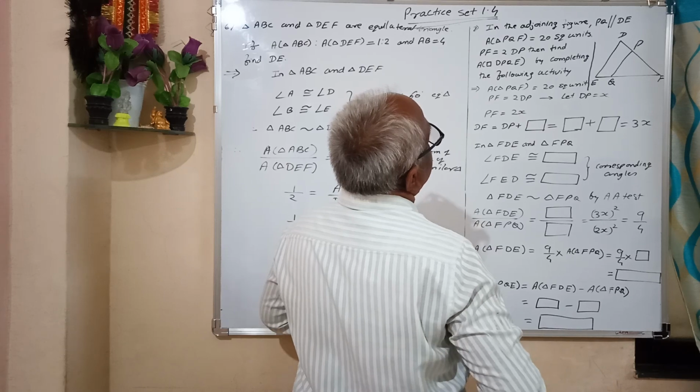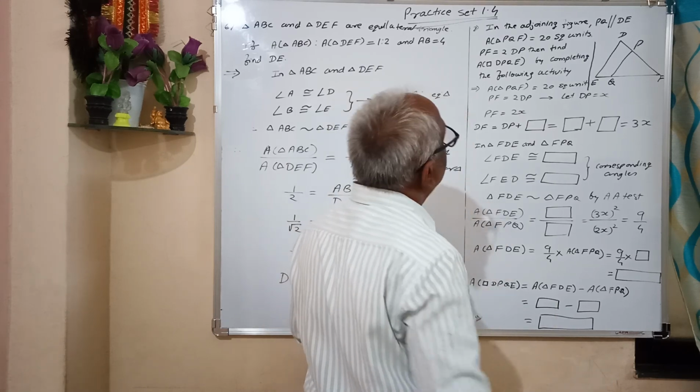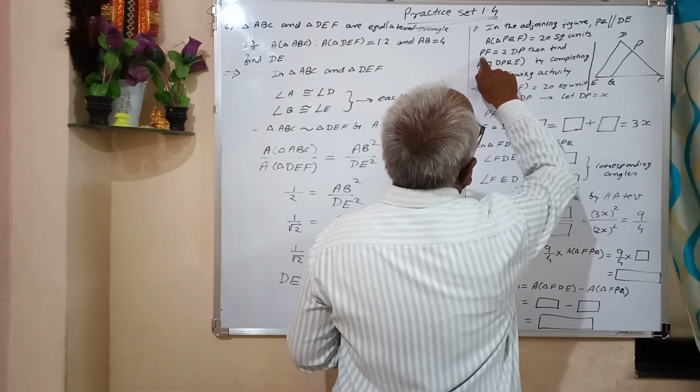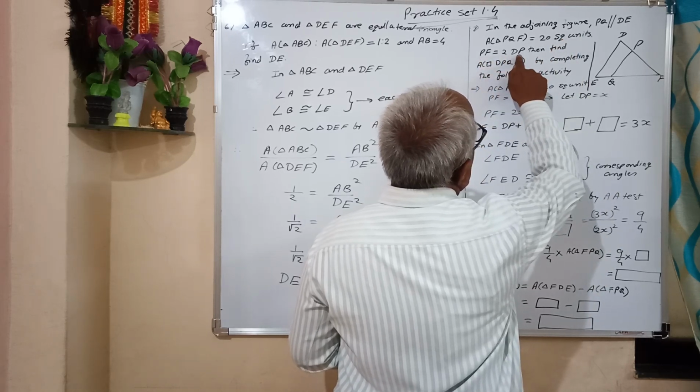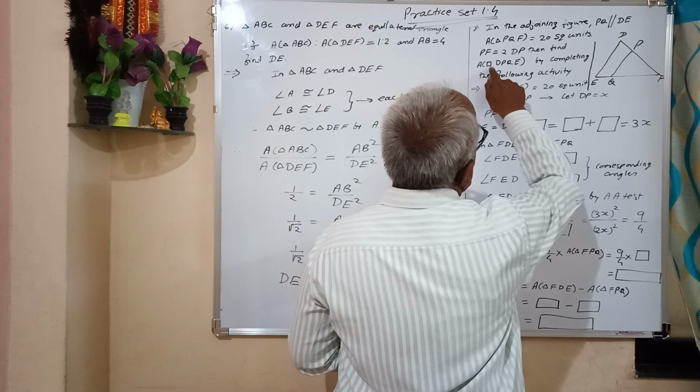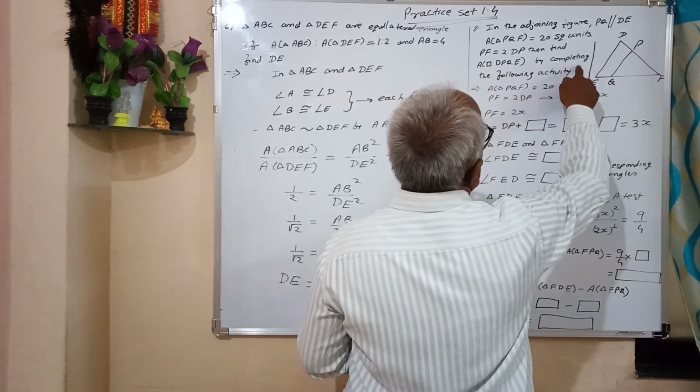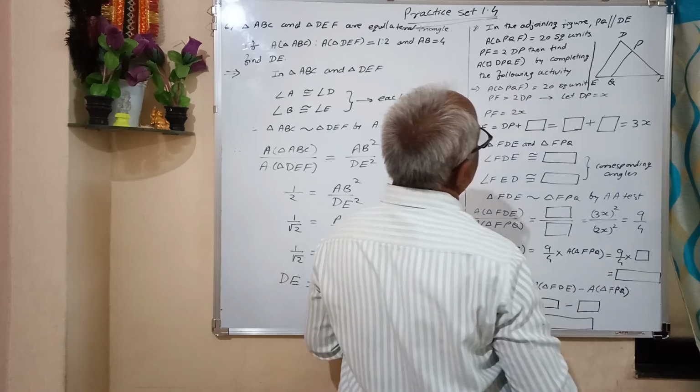And area of triangle PQF is 20 square unit. PF is equal to 2 DP. Then find the area of quadrilateral DPQE by completing the following activity.